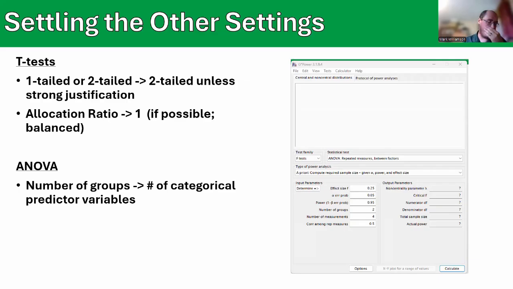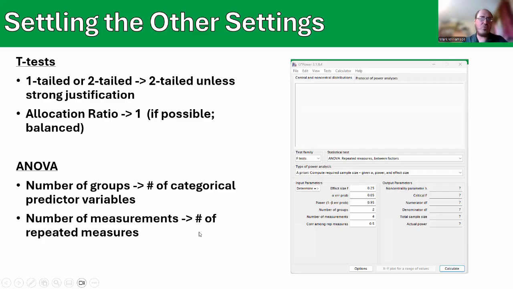You could have multiple different groups. And then if you're looking at a repeated measures ANOVA, which is often common in biomedical research, you also need what's called the number of measurements. So that's your number of repeated measures. Maybe you're doing 4 repeated measures, measurements at baseline, then you're measuring again at 1 month, 2 month, 3 month. So you need to put that information in.